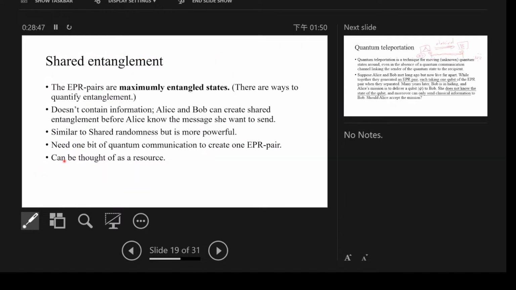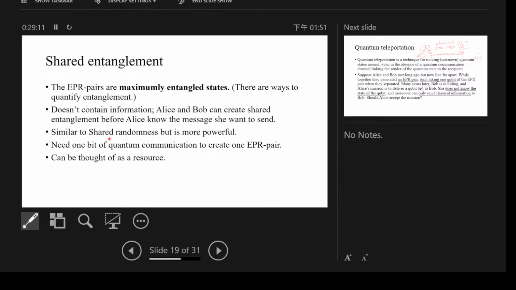We can imagine Alice wants to send some news to Bob at 7 a.m. each day, and outside of that time, they can use their downtime to create the shared entanglement. In particular, Alice and Bob can create shared entanglement before Alice even knows the message she wants to send. So it's nice.